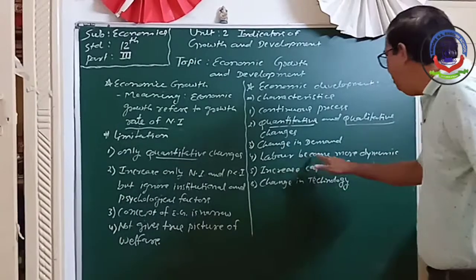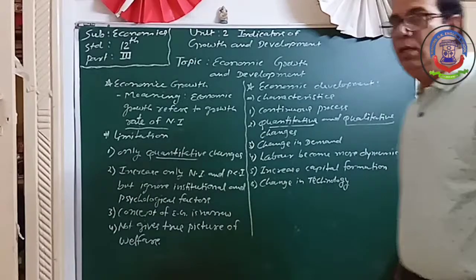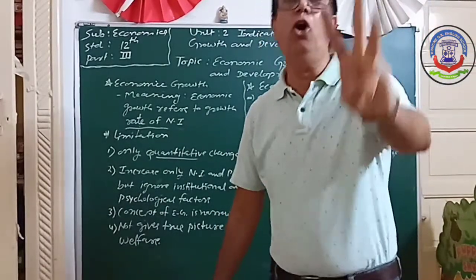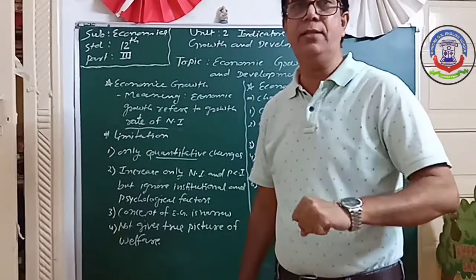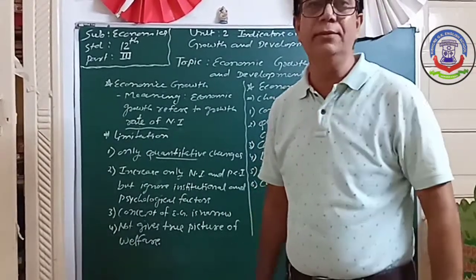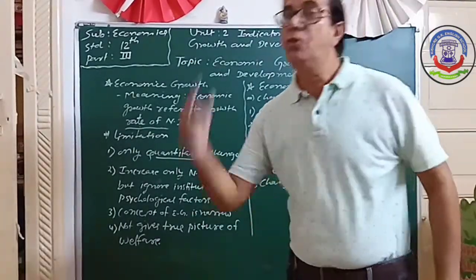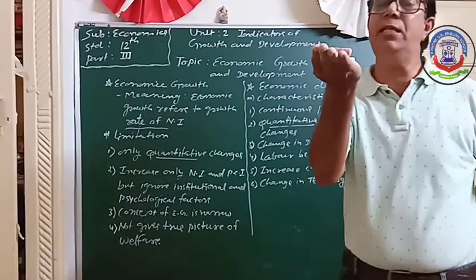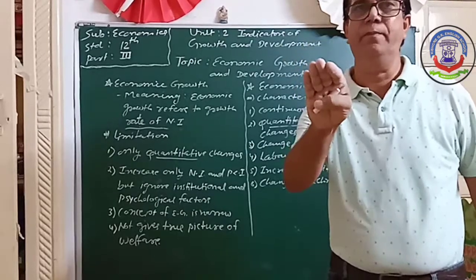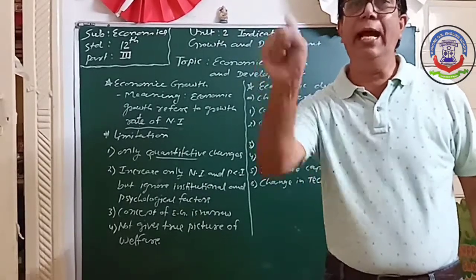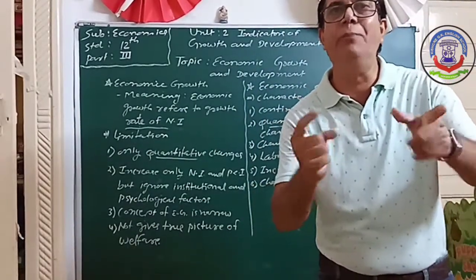Afterward, labor becomes more dynamic. In economic development, there is development of all three sectors: agriculture, industries and service sector. Services like education and health. Because of high income, the standard of living of the people increases, that means all the primary requirements are satisfied. Then education facilities, then health facilities, and because of that, physical and mental development of the people.